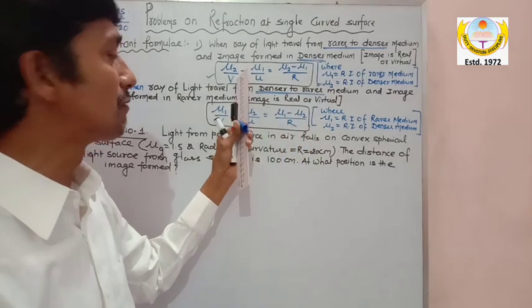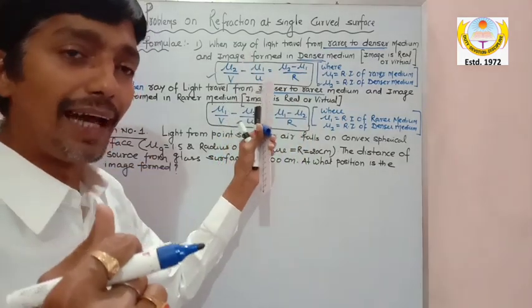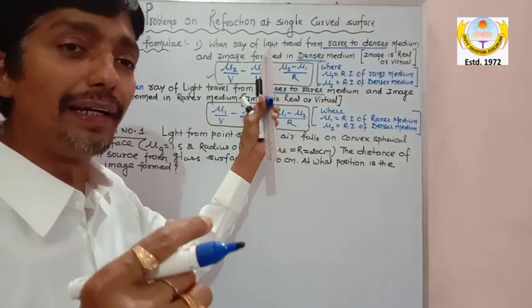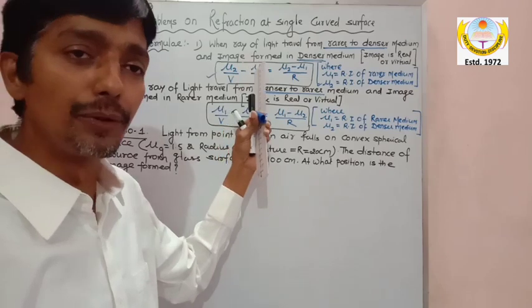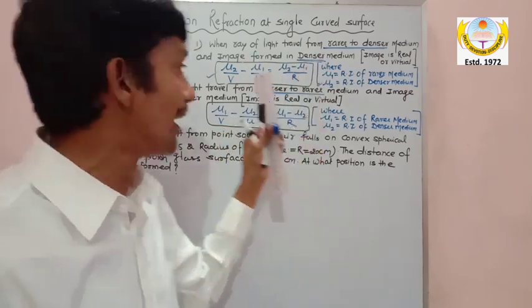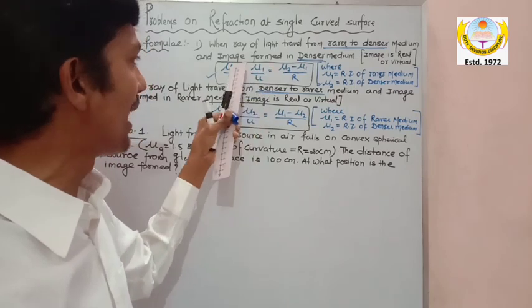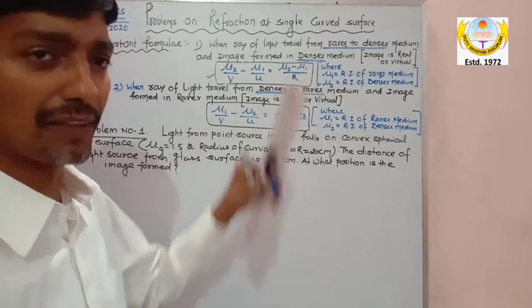So it is mu2 by v, and the object is kept in the rarer medium, that is mu1, so it is mu1 by u. The formula becomes mu2 by v minus mu1 by u equals mu2 minus mu1 divided by r, where r is the radius of curvature.